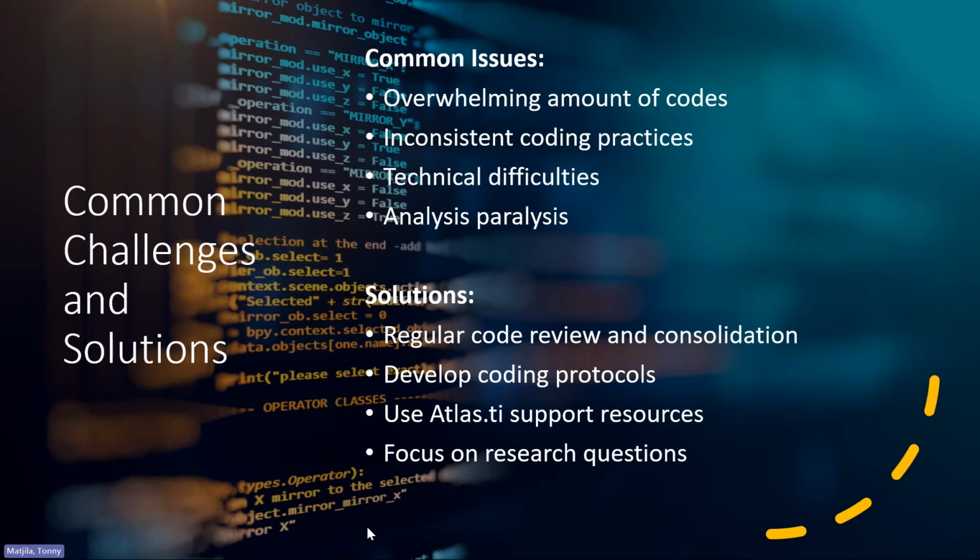So I see a lot of students just coding and coding and coding, and it takes your time. They create too many codes and lose focus, especially those who code using the AI features inside of Atlas. So you need to regularly review and consolidate. I think it is helping.